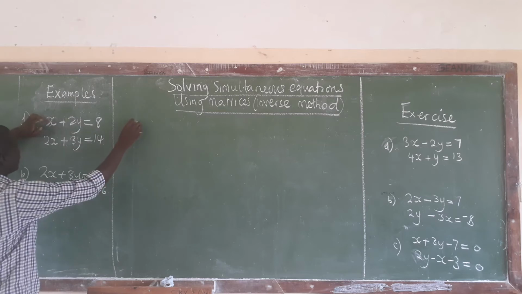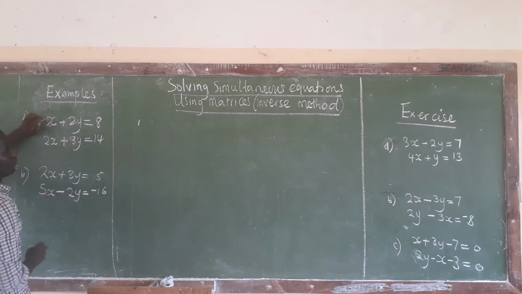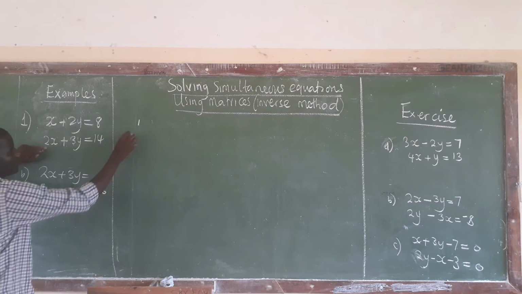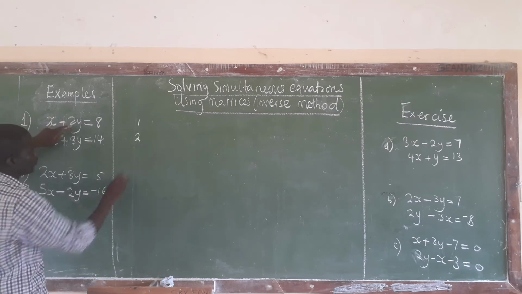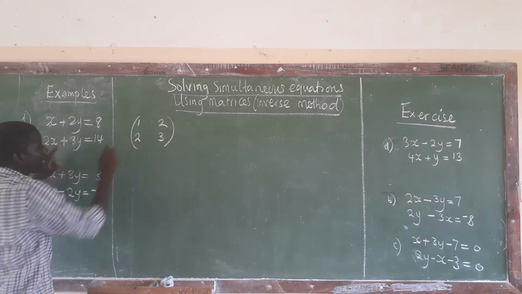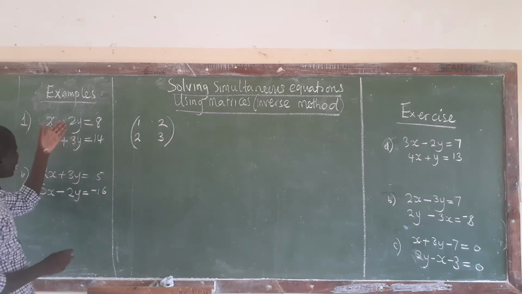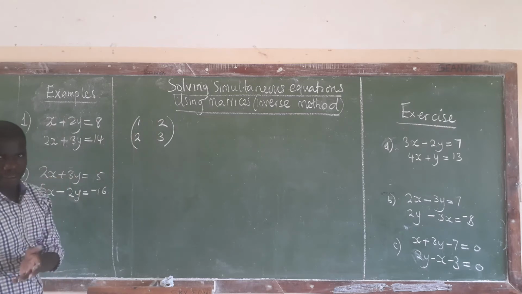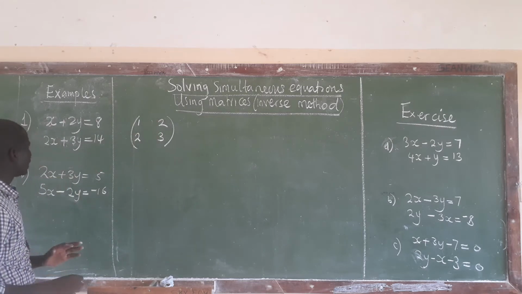The coefficient of this one is 1, of this one is 2, of this one is also 2, then here we have 3. Take note of their signs. If it's a negative, it has to come here as a negative. That is very important.